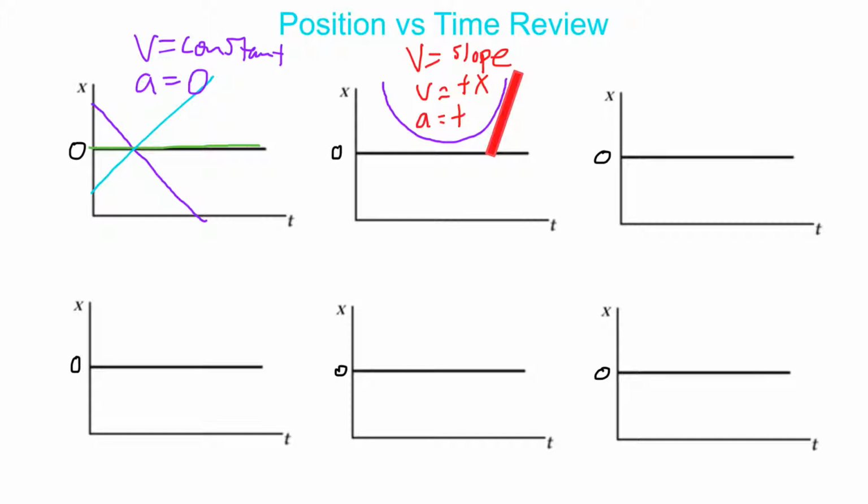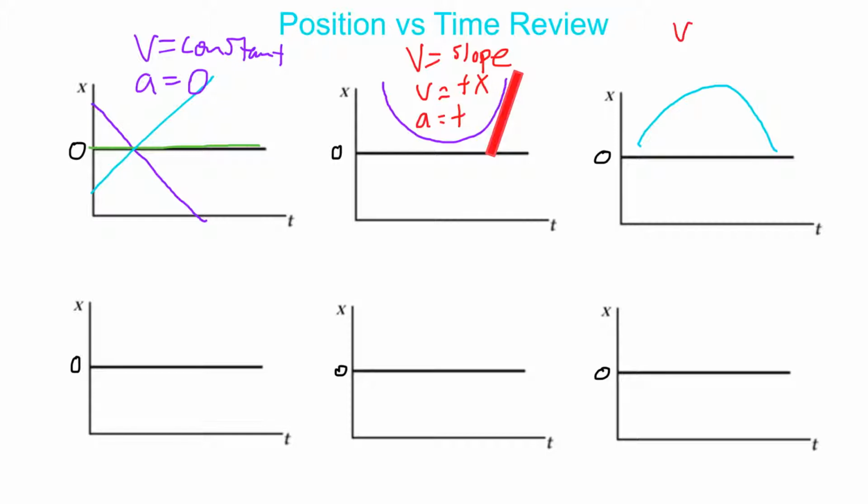Alright, what if you had any part of a downward facing curve or parabola for your position versus time graph? What can we say about the acceleration of this graph? First, let's talk about the velocity.